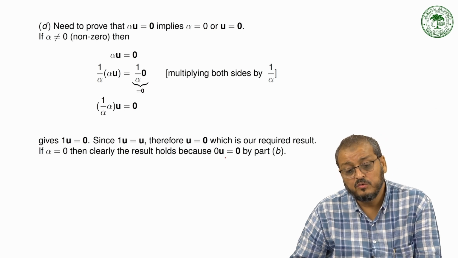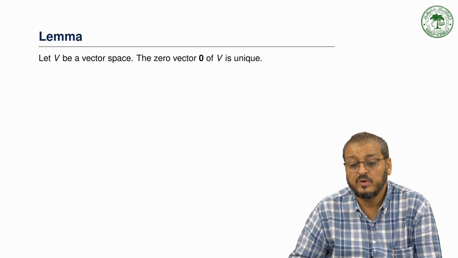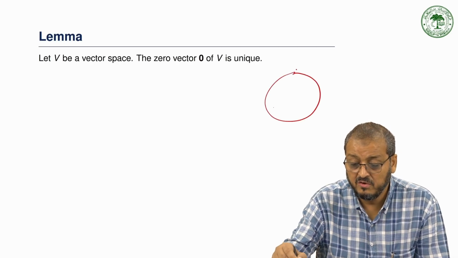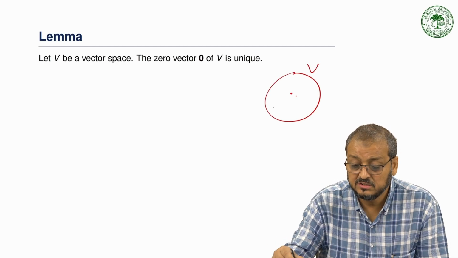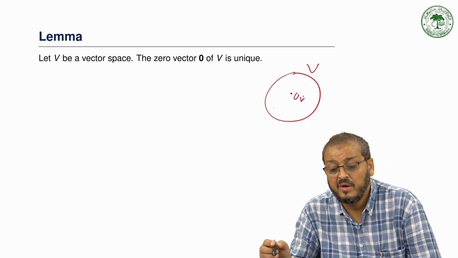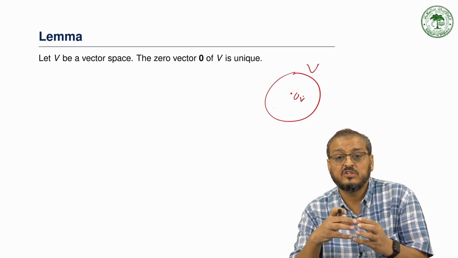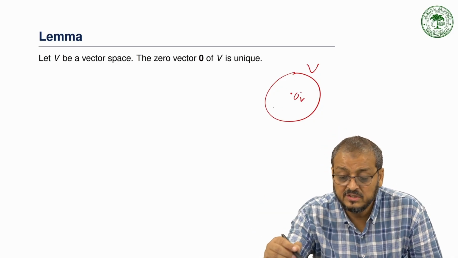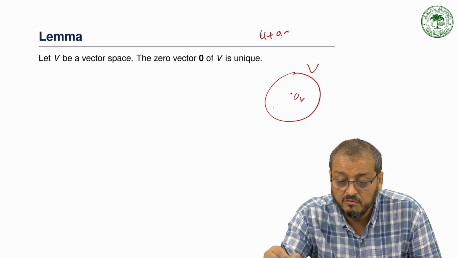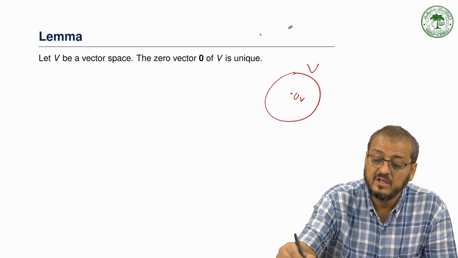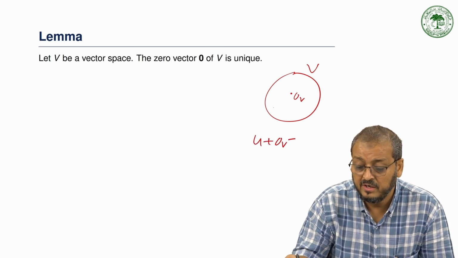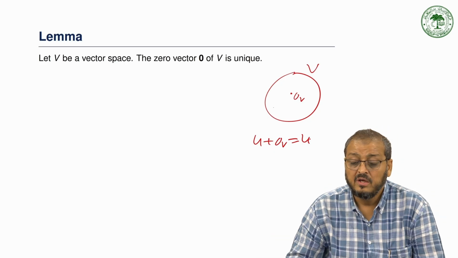Okay, now we move to another result about vector spaces: the 0 vector is unique. That means in this vector space, we say that the 0 is the identity element, and this identity element is unique for the whole set. There is no need for any other identity element. We can say that the additive identity is unique, meaning if u is any vector and we add the additive identity, it gives u itself.